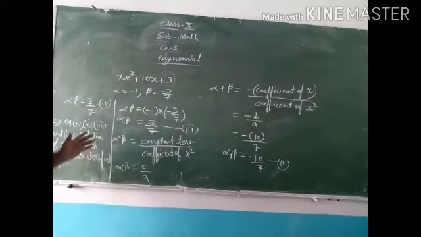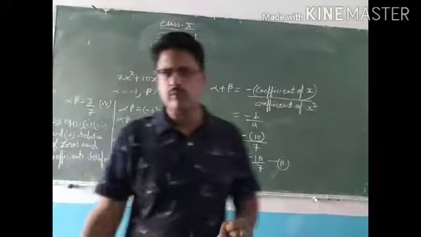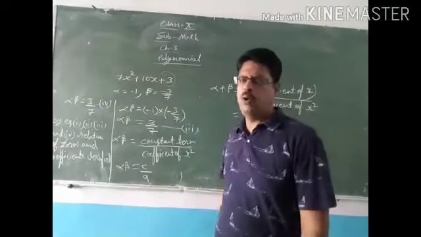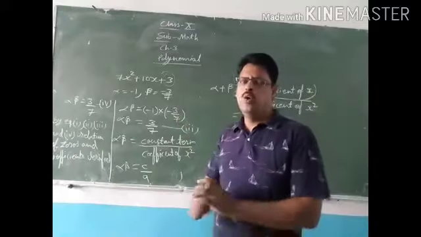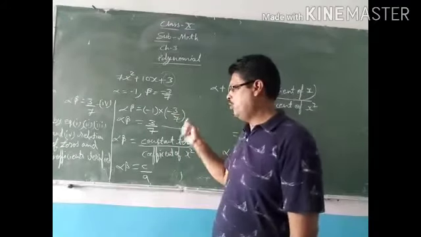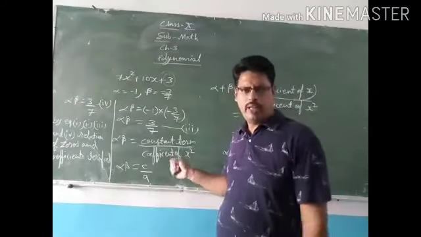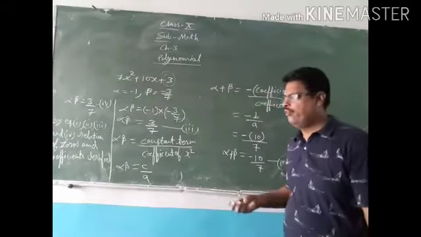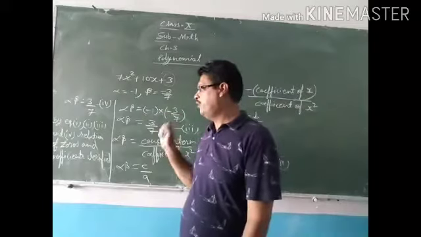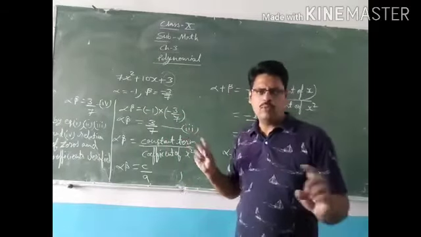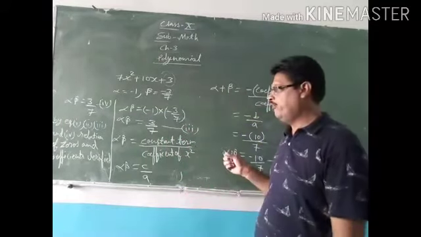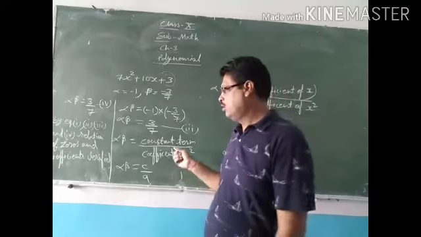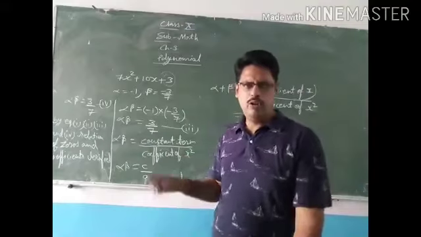Okay. So what we have done? First we have found the factors of this polynomial. Thereafter we have found the zeros of this polynomial. After that we have found the sum of zeros by normal addition, and then we have found the product of zeros by multiplying normally.